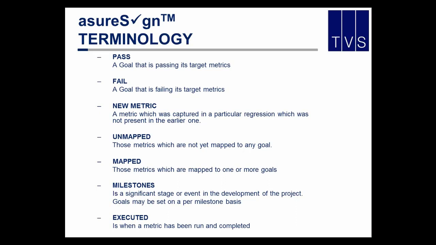Those that are mapped, that's the metric which might be mapped to one or more goals. It could be that you've got lots of subunits that you put into a bigger unit, and it might be that one test or metric might actually satisfy more than one of the goals. Milestones. So within this development of the project, I think most people are aware that they have a milestone process to progress this.